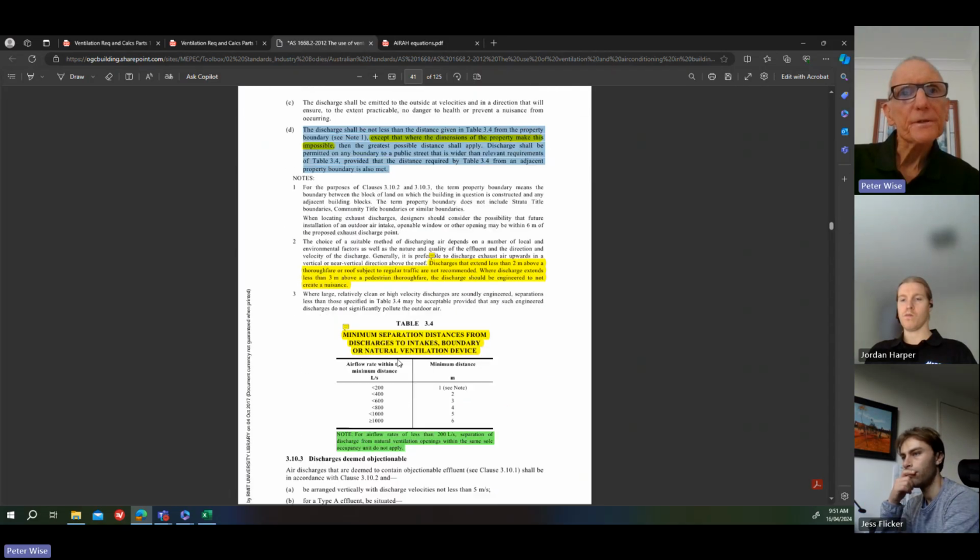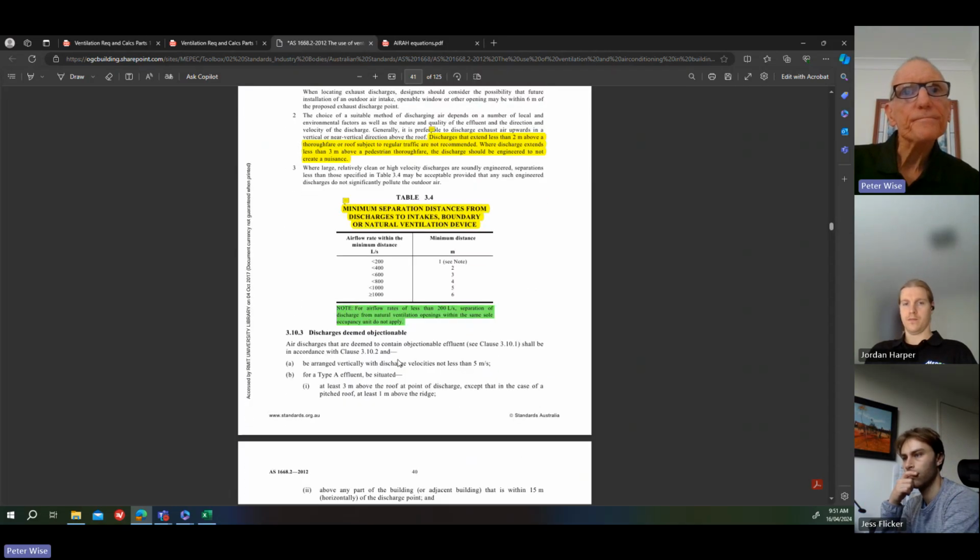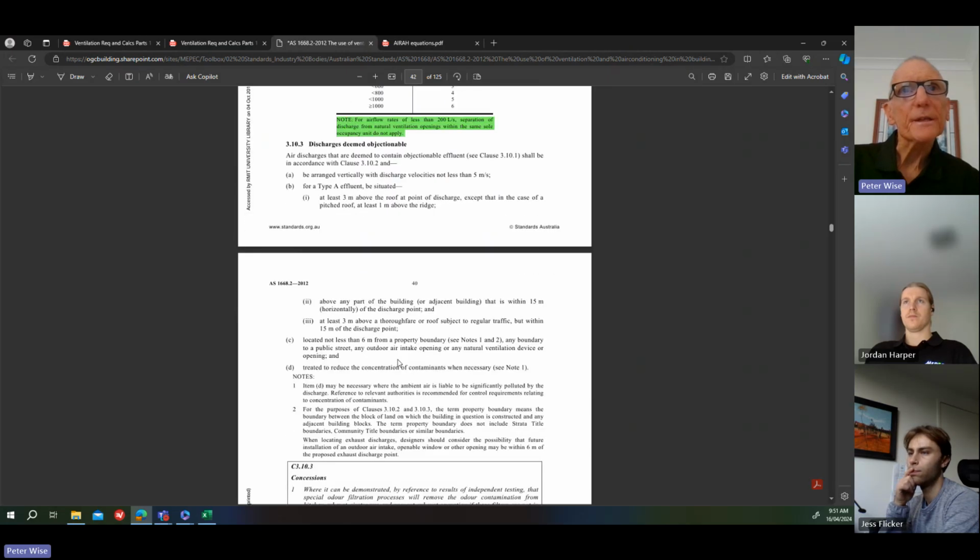There's a few notes there that you might like to read through, but we won't go through that now. Now, discharge is deemed objectionable. So these are the nasty ones from laboratories or from welding bays or dust extraction systems, that sort of thing. It could be hazardous to breathe in this air.